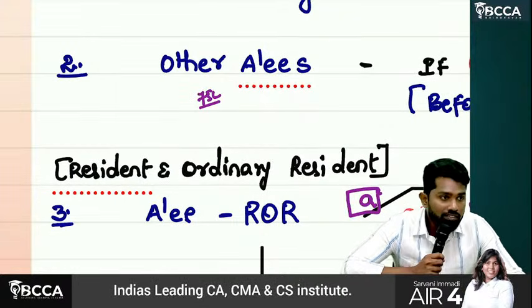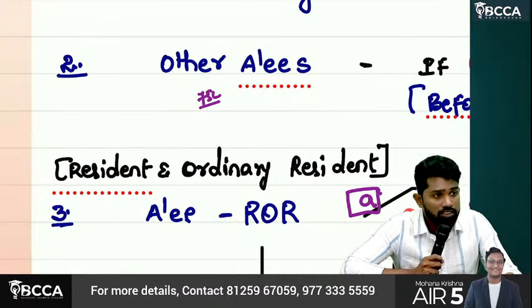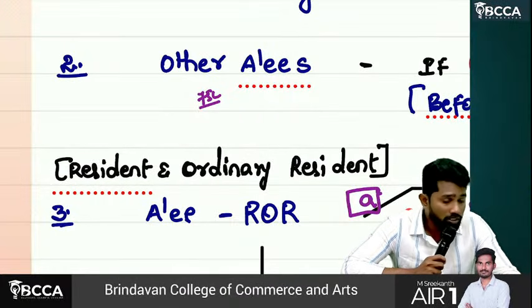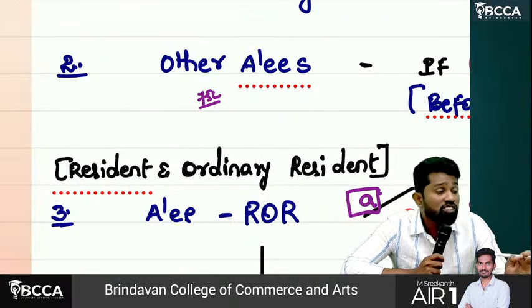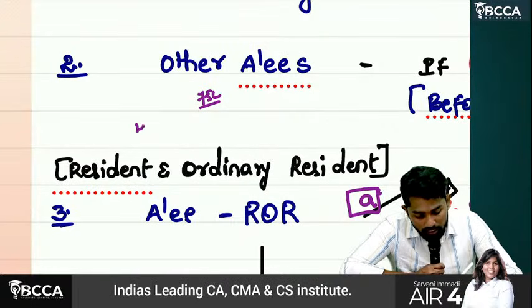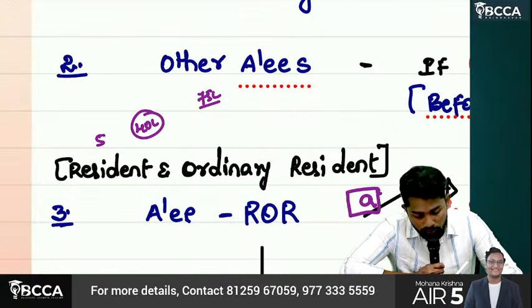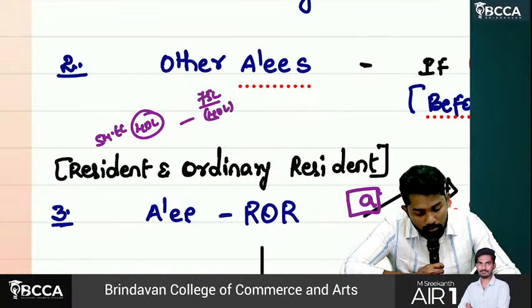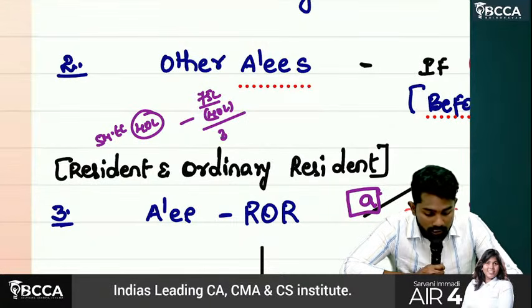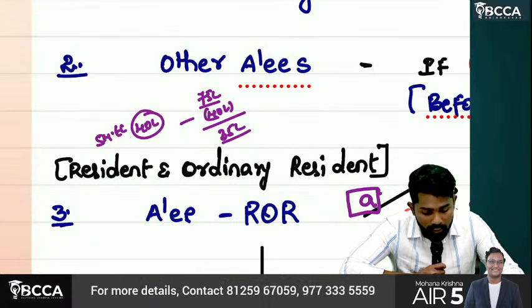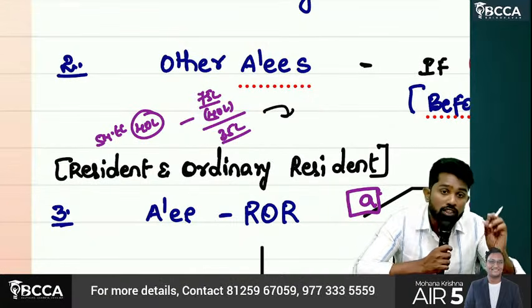But I invested within 6 months in REC bonds or NHAI bonds, then I am eligible for exemption under 54EC. Let's say I have invested 40 lakhs. So 54EC exemption I will get of how much? 40 lakhs. So what is my net taxable capital gain? 35 lakhs. So what happens, sir, I will take to the total income only 35 lakhs.